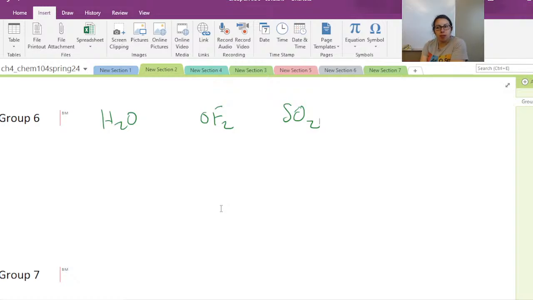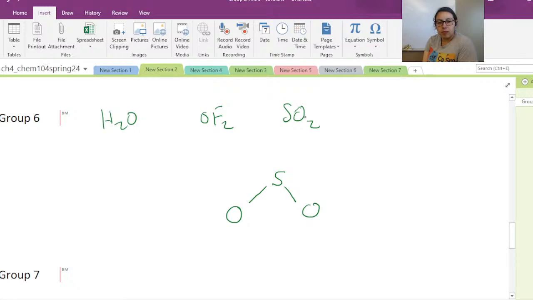So what do we get for our SO2? And don't make a triangle, I should have maybe given a hint. How many lines do you have between the sulfur and the oxygen? So let's see, how many total electrons do we have in the system?